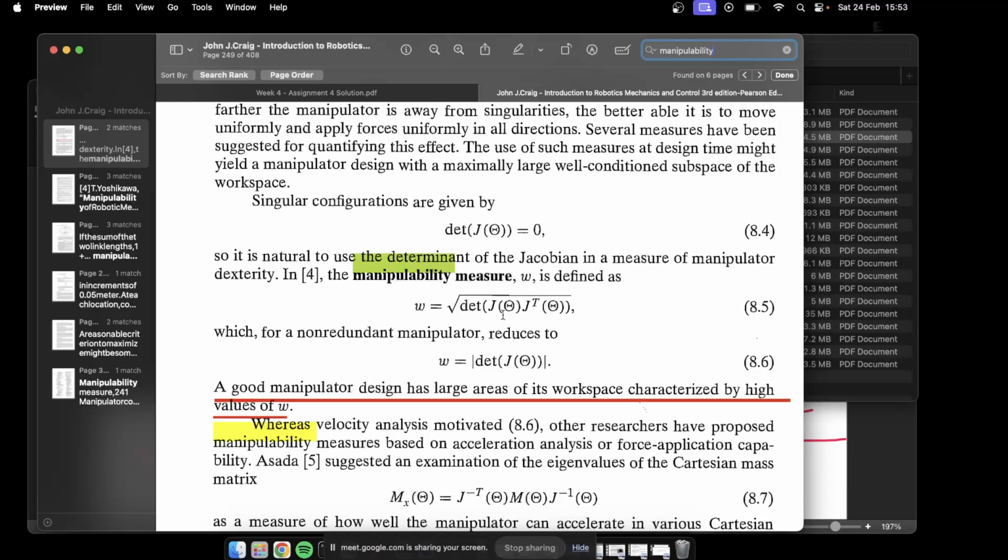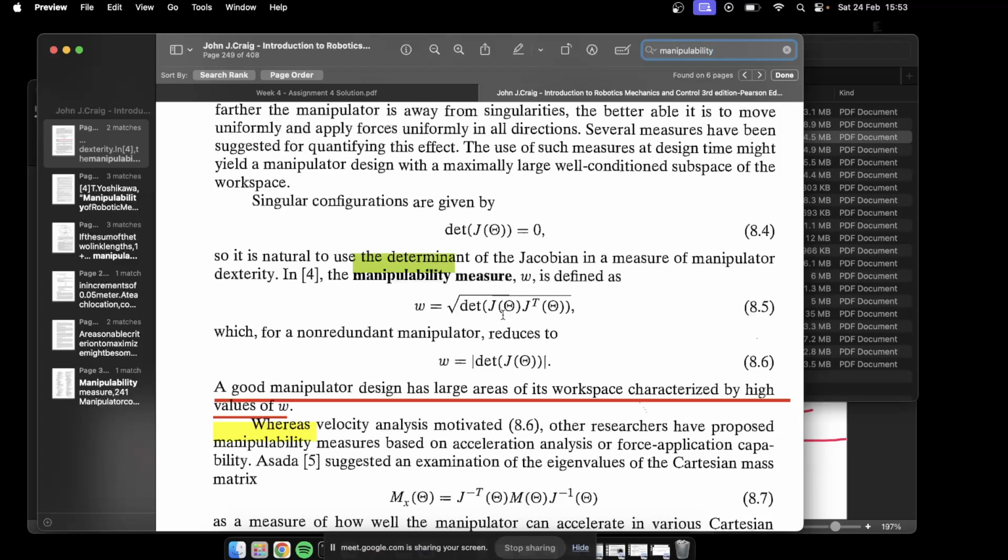If J is m cross n, then multiplying it with J transpose, which is n cross m, guarantees that J J transpose is a square matrix. And only for a square matrix can we take the determinant.